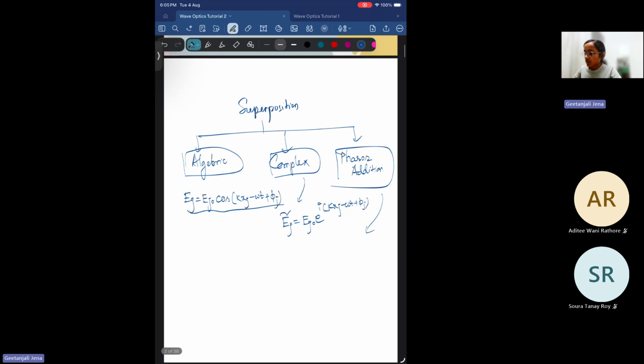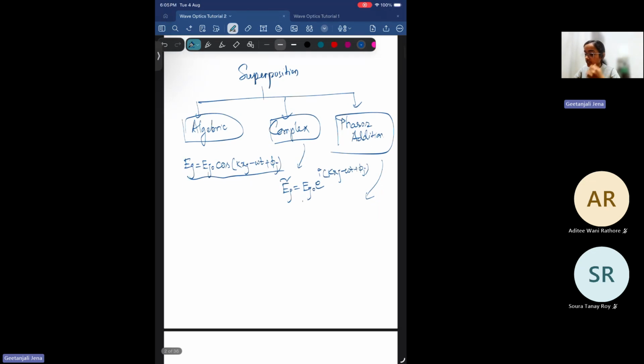In phasor addition, we represent this complex wave in a complex plane where the horizontal axis is the real axis and the vertical axis is the imaginary axis. For a given wave, we draw an arrow whose length represents the magnitude. Let's say this is E10, and this angle is the phase angle, phi 1.